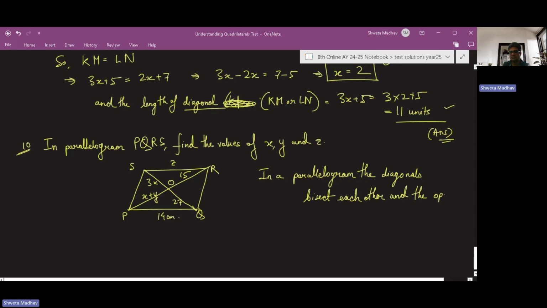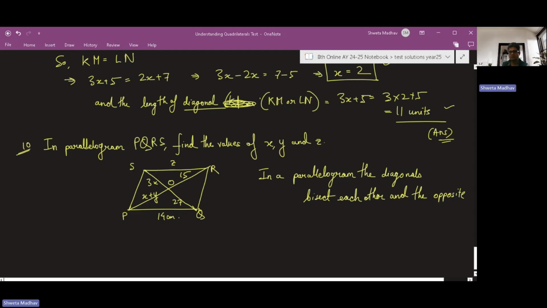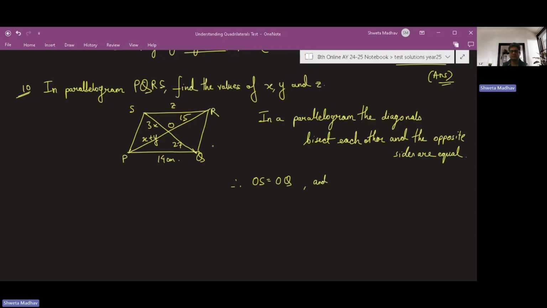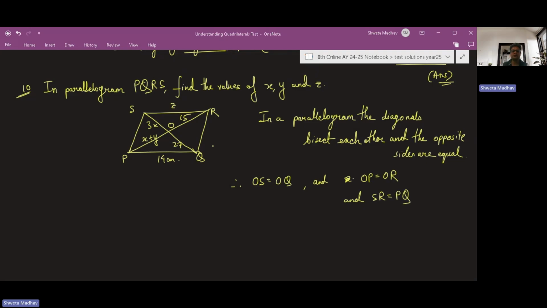So I can say that the length OS will be equal to OQ, since QS will be bisected at the point of intersection, which is O. Similarly, OP will be equal to OR. And also SR will be equal to PQ.